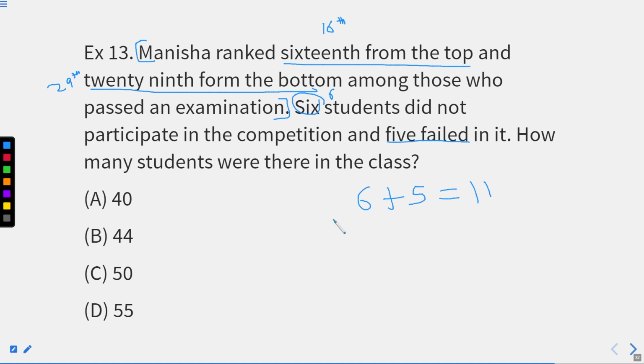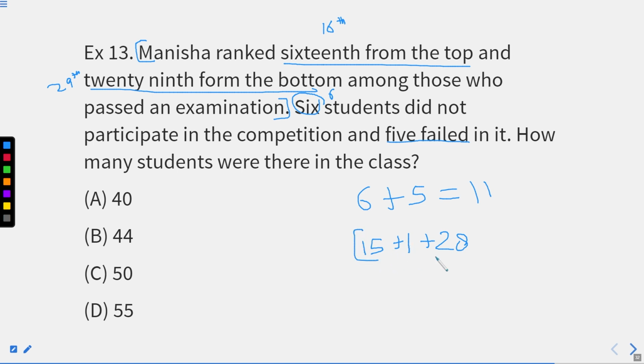Now, we need to figure out those who clear the exam. We know that Manisha is ranked 16th from the top. So 15 plus Manisha's rank, that is 16th. Plus, if we look forward, that is 29th from the bottom. So 28 plus this is Manisha's rank.